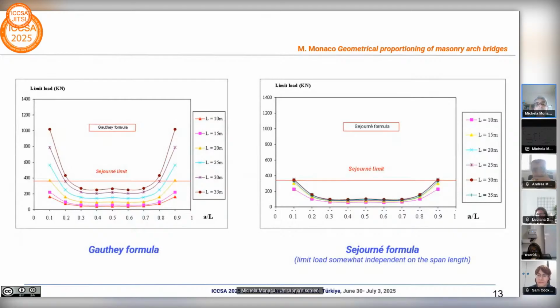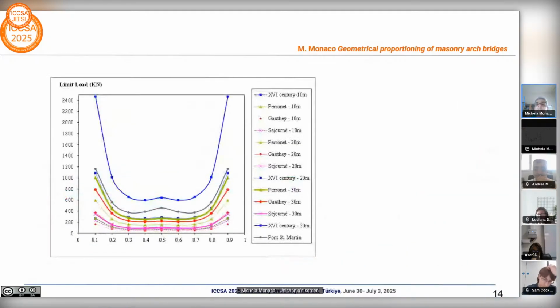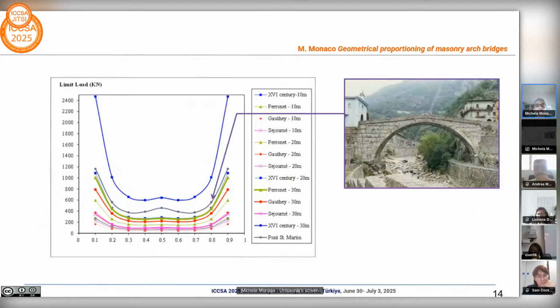This is the analysis with the Sejourné formula. And as you see, the limit load is somewhat independent of the span length because all the curves are superimposed. Here is the summary of the sensitivity analysis, considering the limit load, the same analysis for Pont Saint Martin, the Roman bridge we have seen before.